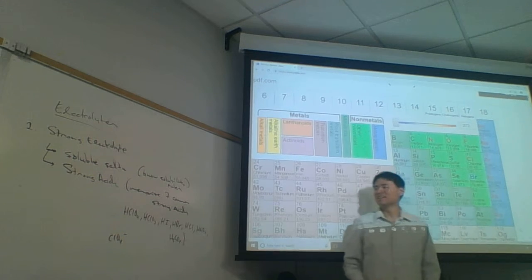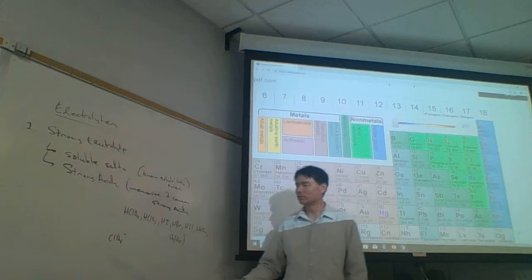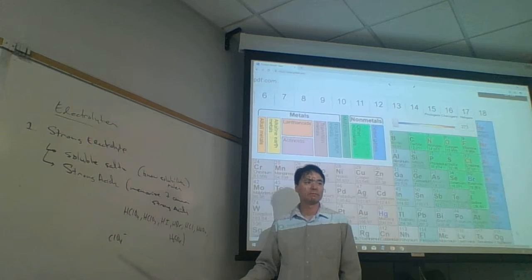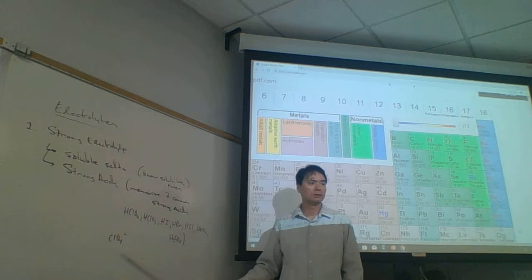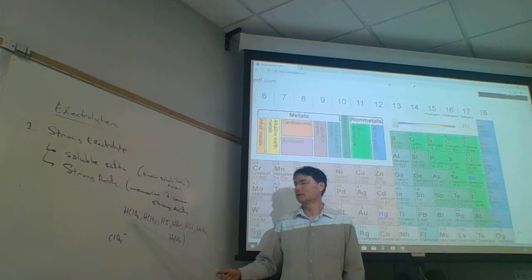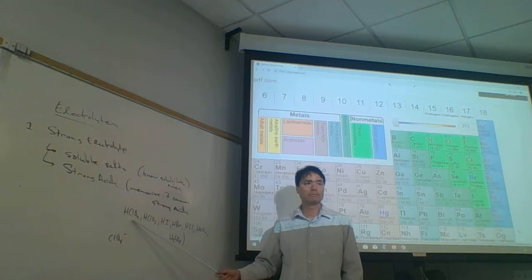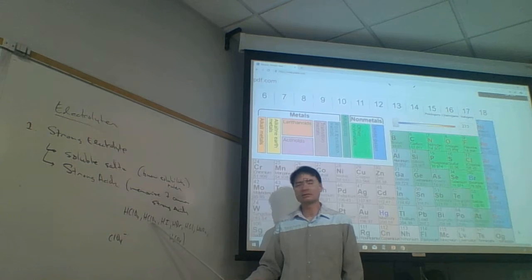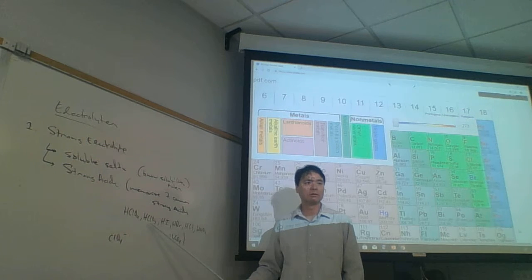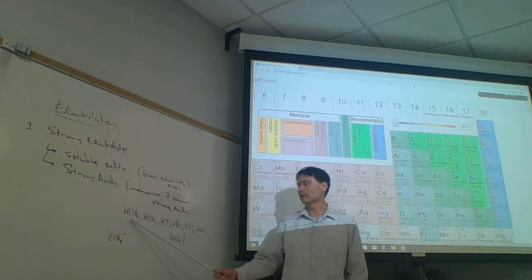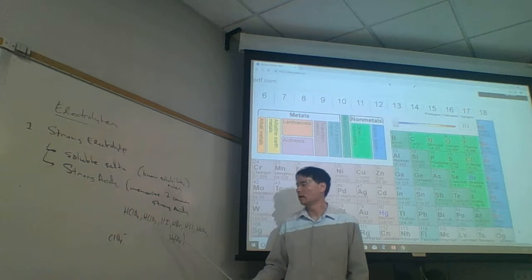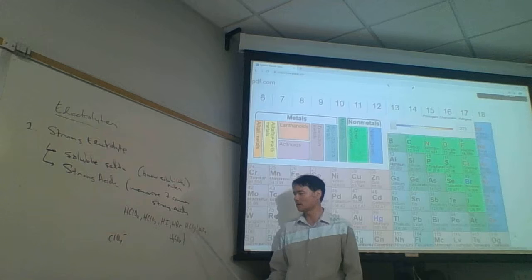ClO3, 1 minus is chlorate, therefore ClO4 is perchlorate. And this would be called perchloric acid. This is ClO3 minus. This is called chlorate. Therefore, this acid would be called chloric acid. So this is perchloric acid. This is chloric acid. Hydroiodic acid, hydrobromic acid, hydrochloric acid.